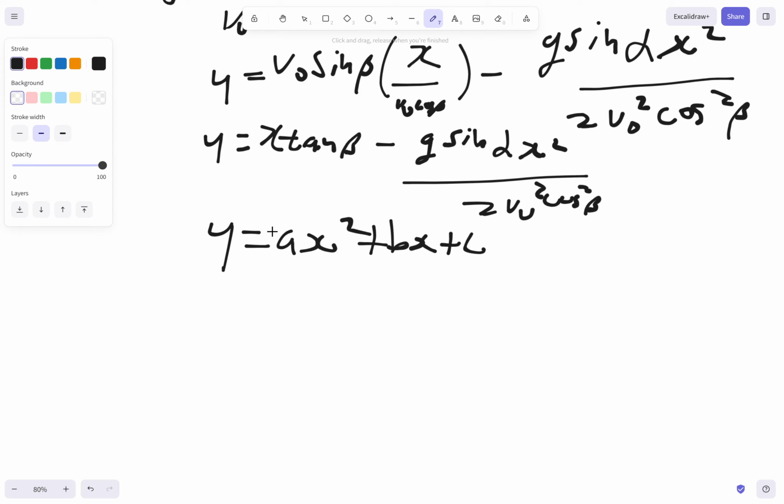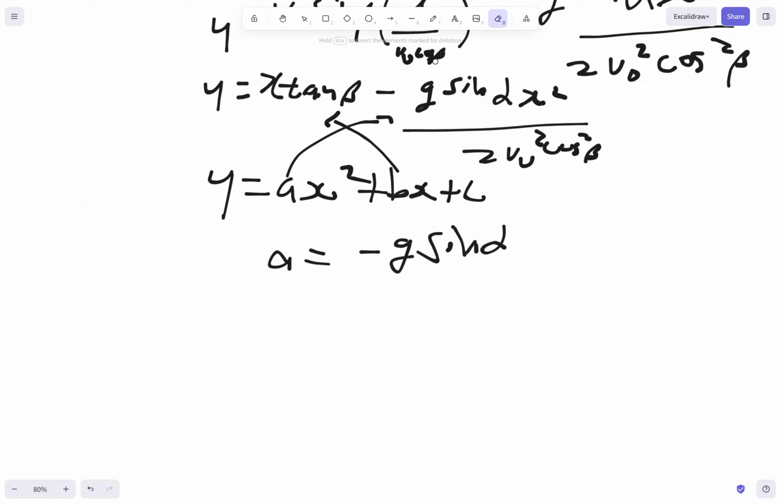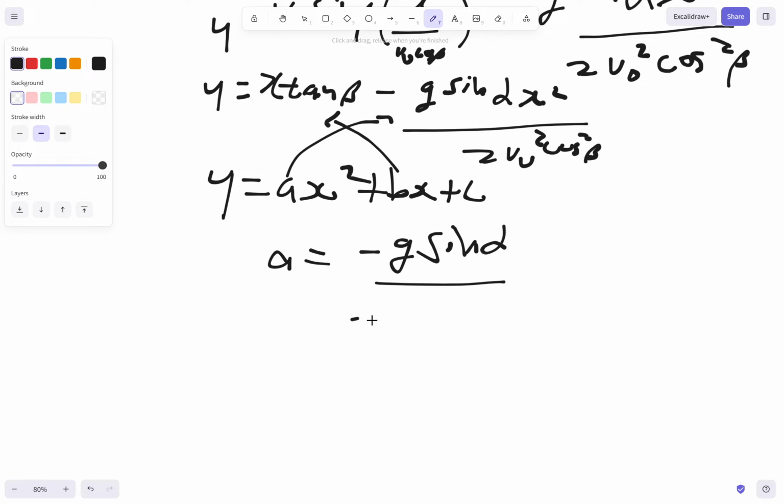And here we can see that a is going to be equal to this and b is going to be equal to this. We're going to focus on a because b is not relevant. But we know that a equals negative g sine alpha all over 2V0 squared cos squared beta.